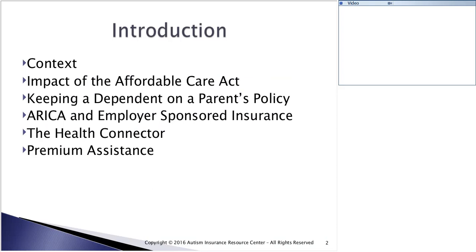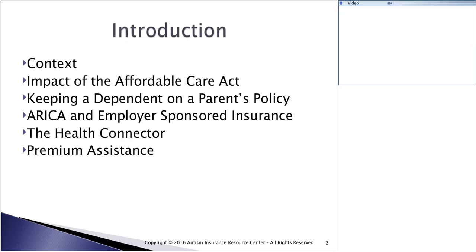I'm going to use way too many acronyms, the first one of which is ESI, employer-sponsored insurance. A lot of the stuff I'm going to talk about under the impact of the Affordable Care Act and keeping a dependent on a parent's policy is applicable to people with all disabilities, not just autism. ARICA is a specific law that talks about insurance coverage for people with autism.